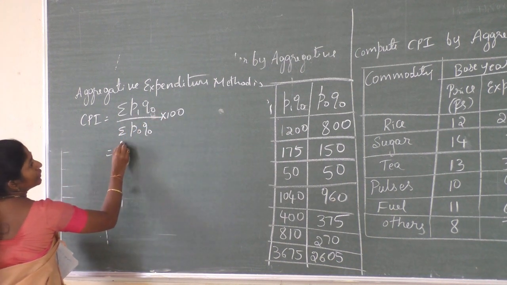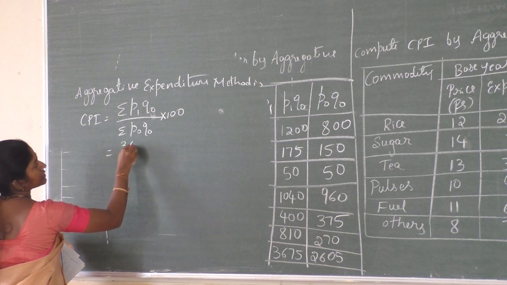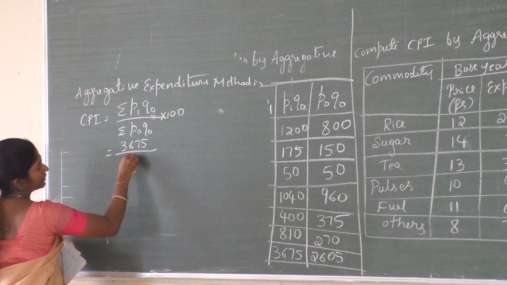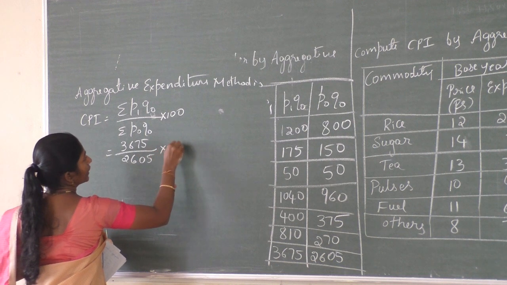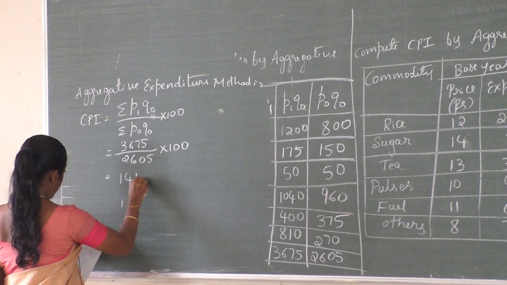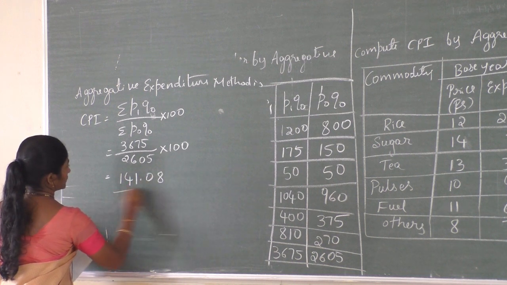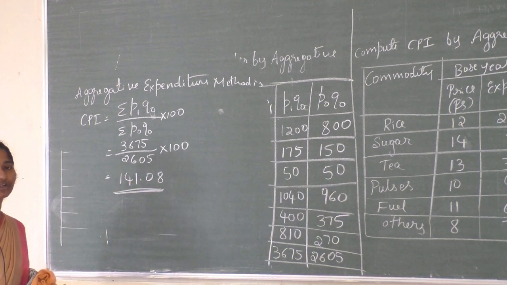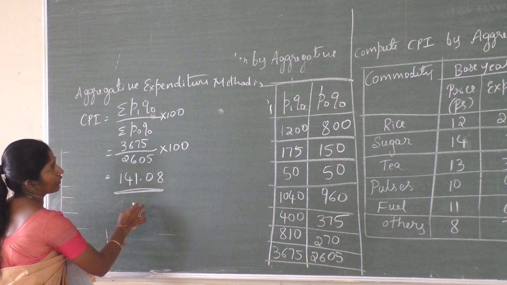Here 3675 divided by 2600 into 100. Our answer is 141.08. So this is our answer, 141.08. Here we have completed.